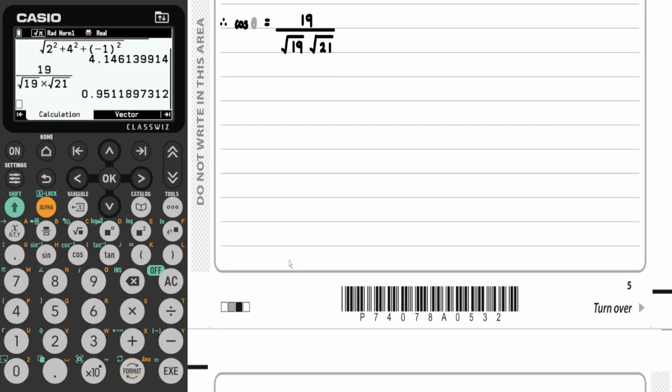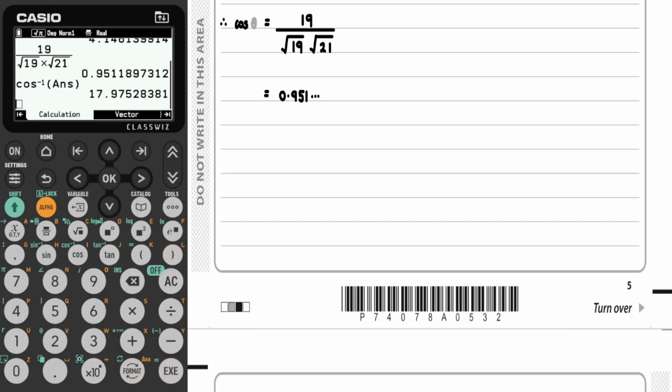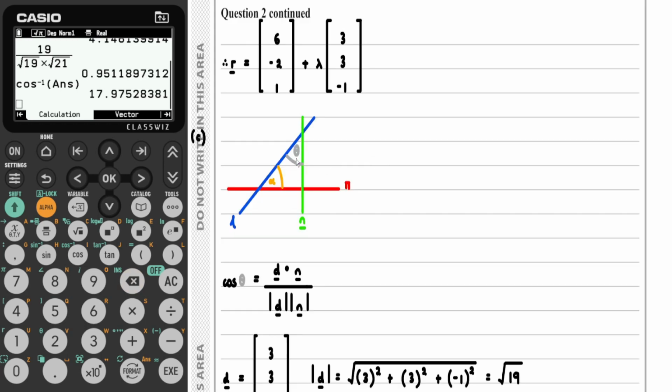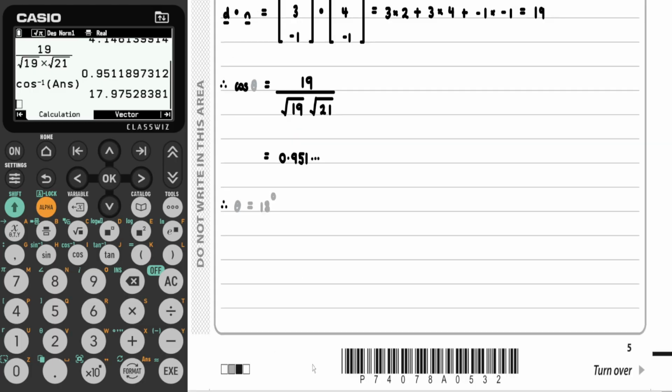It turns out we get 0.951, etc. And from this we can find out what theta is. We have the inverse cosine of this value, which is 18 degrees. And so, if we know this is 18 degrees, we've got a right angle between pi and n, we can work out what alpha is. That will be 90 subtract 18, which is 72 degrees.